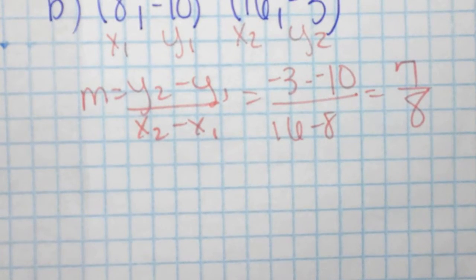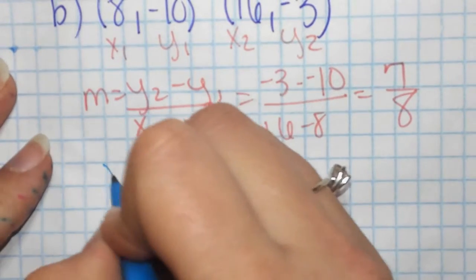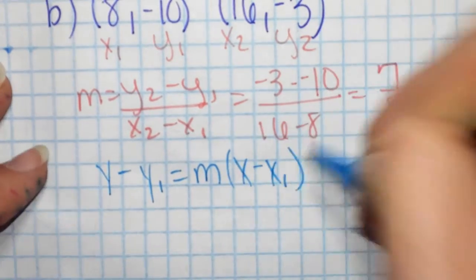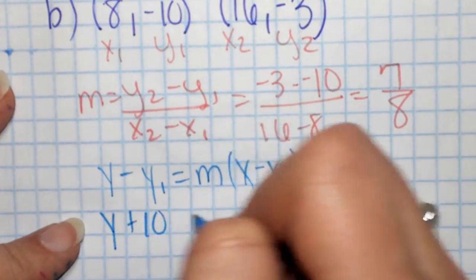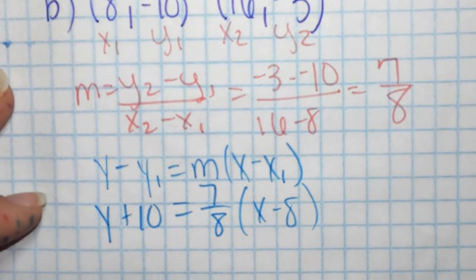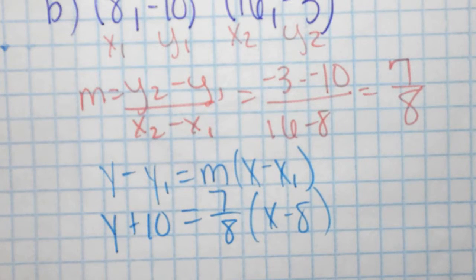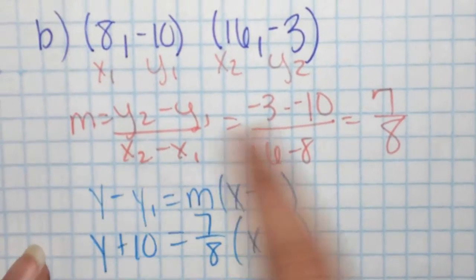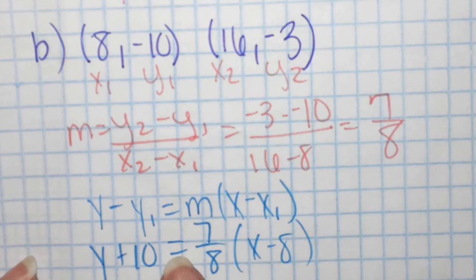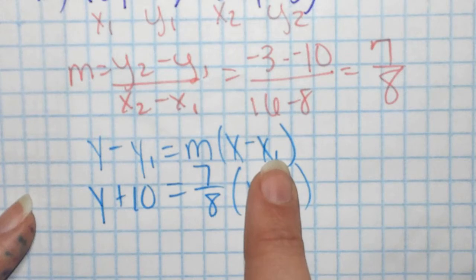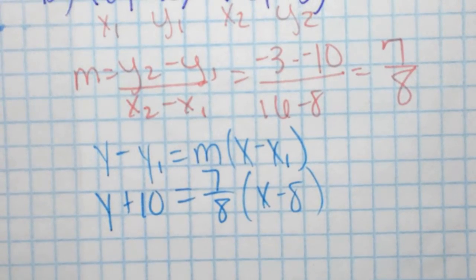Alright, and then when you wrote it in your form, y minus y1 equals m times x minus x1, did you say y plus 10 equals 7/8 times x minus 8? Hallelujah. How do we feel? Great. Amazing. Not that part, like the y minus y1. I always keep looking at another number. Oh, don't do that.